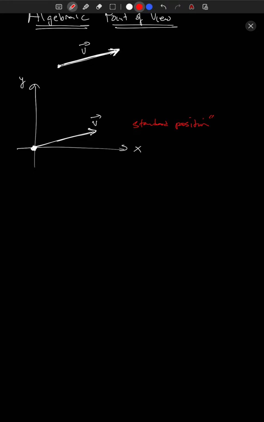Any vector that we want to work with, we can shift to the origin. Once we've shifted its tail to the origin, we say it's in standard position.